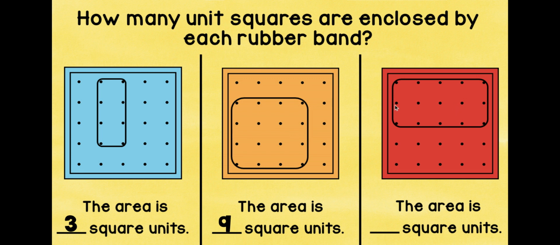And for the red one off to the right, once again, connect the dots in your mind with your imagination, and we would just count out those squares. 1, 2, 3, 4, 5, 6, 7, 8 for 8 square units. So if you ever saw something like that, one strategy I would use, connect the dots to count the squares.